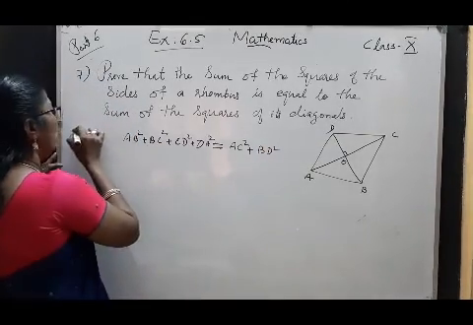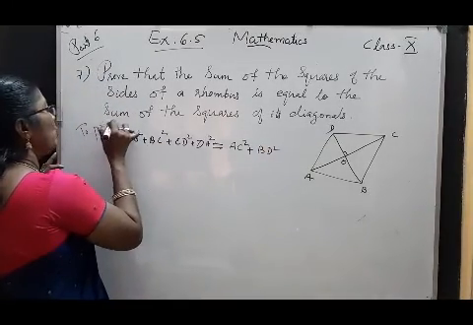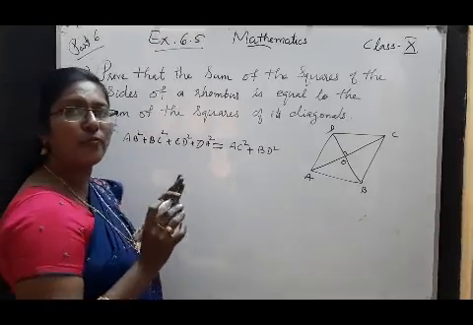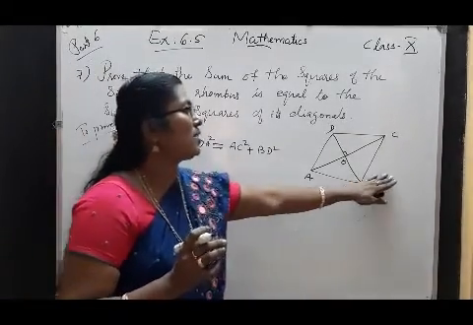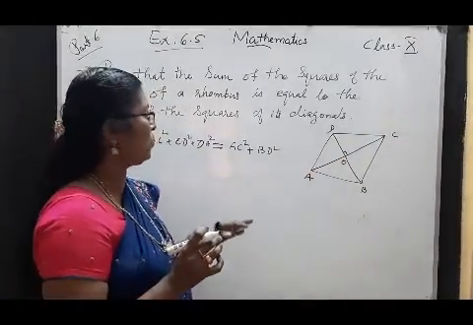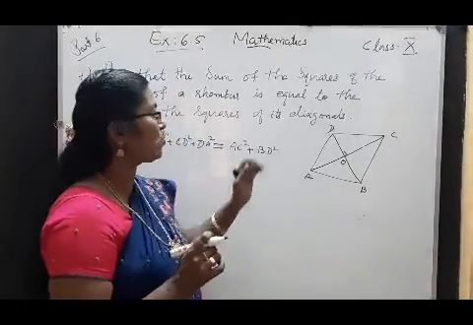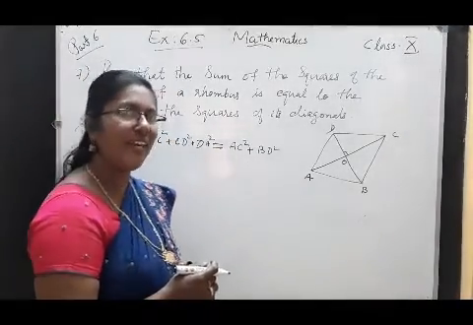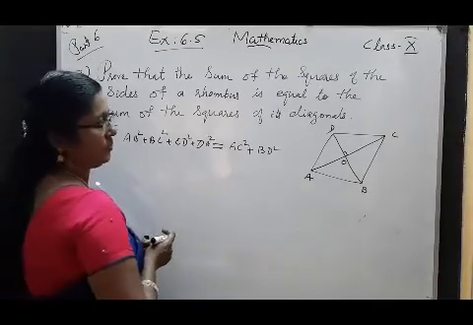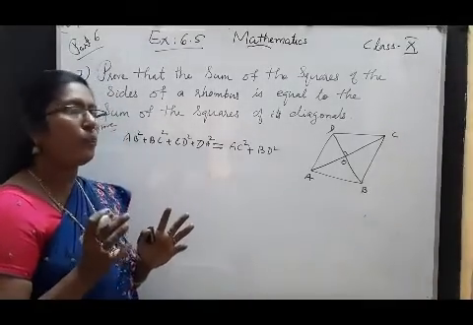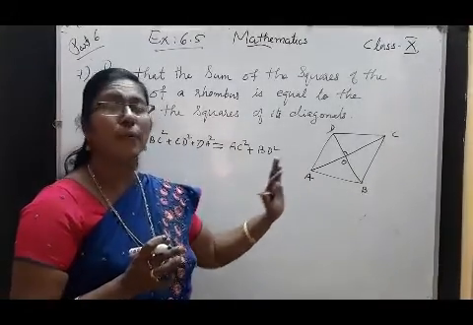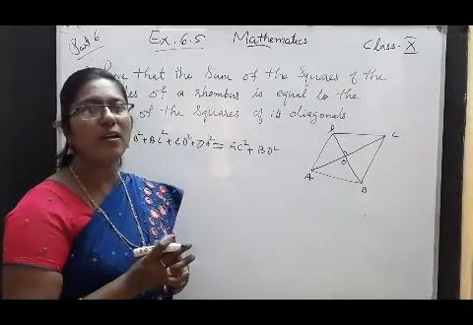We want to prove the sum of the squares of the sides of the rhombus is equal to the sum of the squares of its diagonals.